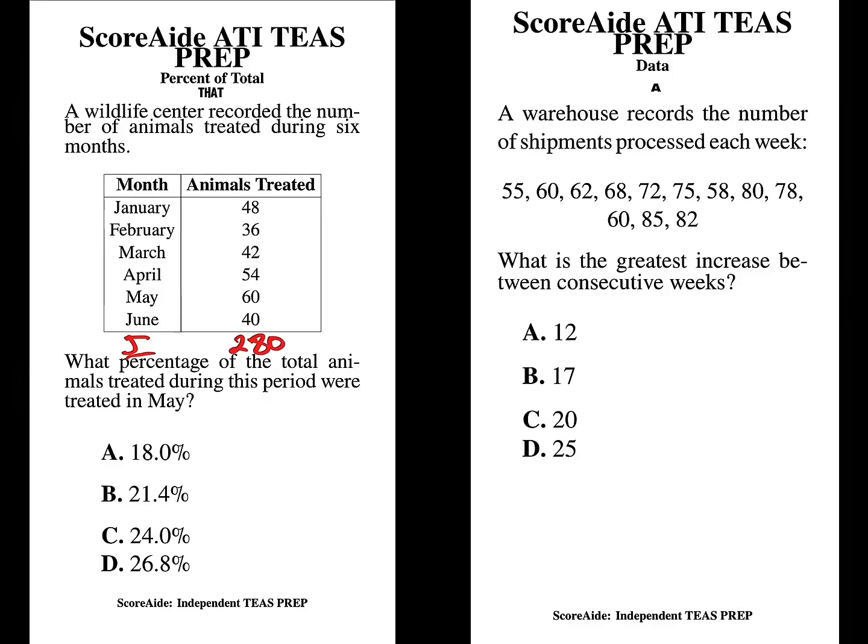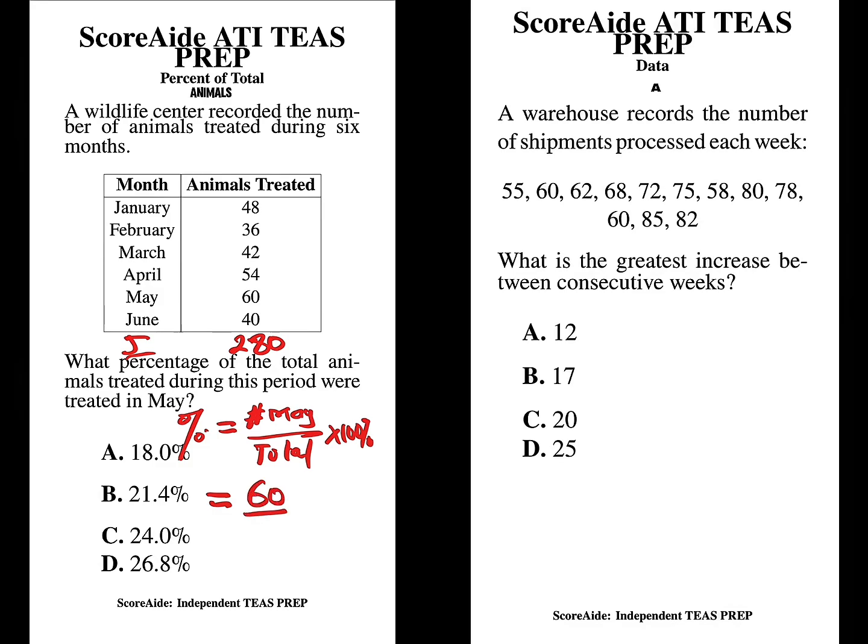Now that percentage is gonna be equal to what? The percentage of animals treated in May is gonna be the number of animals treated in May all over the total number of animals times 100%, right? So this is gonna be equal to the number of animals treated in May were 60.